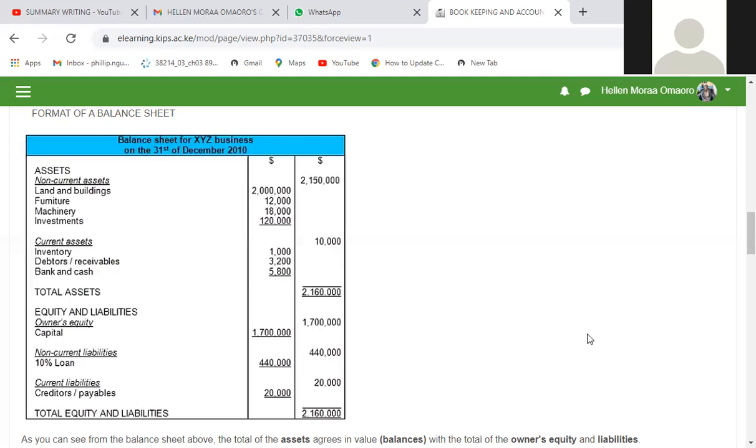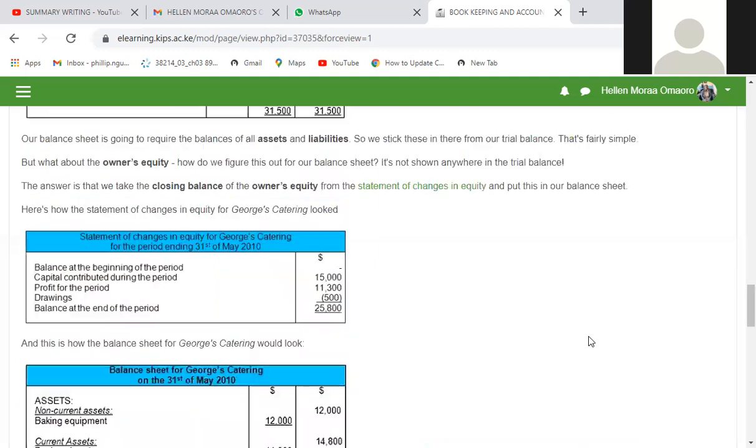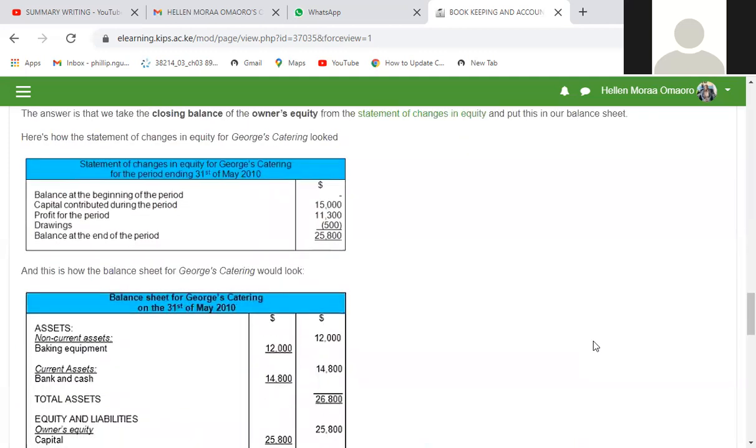The other format, we get the total assets, we raise the total liabilities for us to get the net assets. Then we write financed by, we get the total capital. That is the capital. We have the net profit, then we raise the drawings. Then I have given you the other one where we get the total capital.